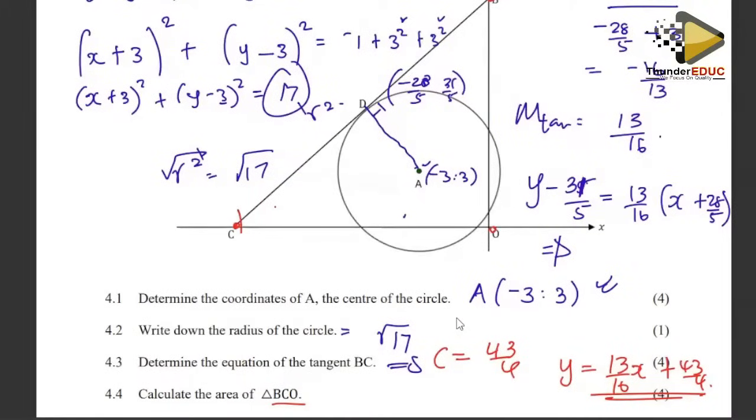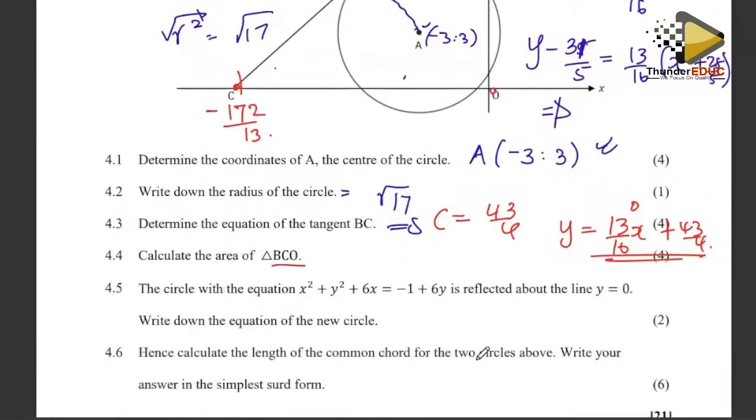So meaning if x is 0, y is going to be 43 over 4. If y is 0, okay, we're going to get x to be negative 172 over 13. Then substitute that into the equation of the area of a triangle, it's a half, 172 over 13.